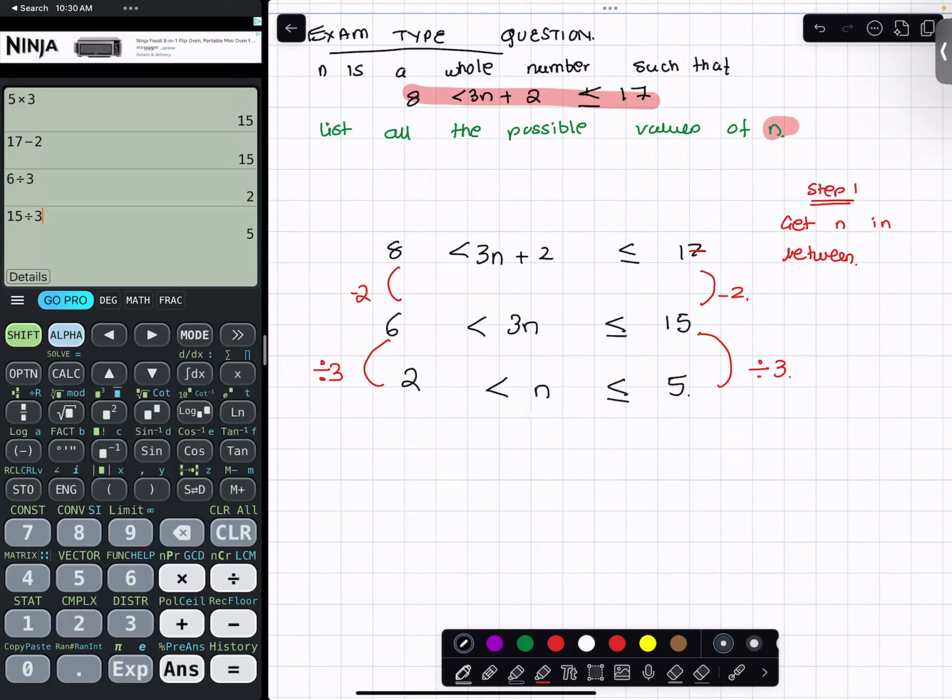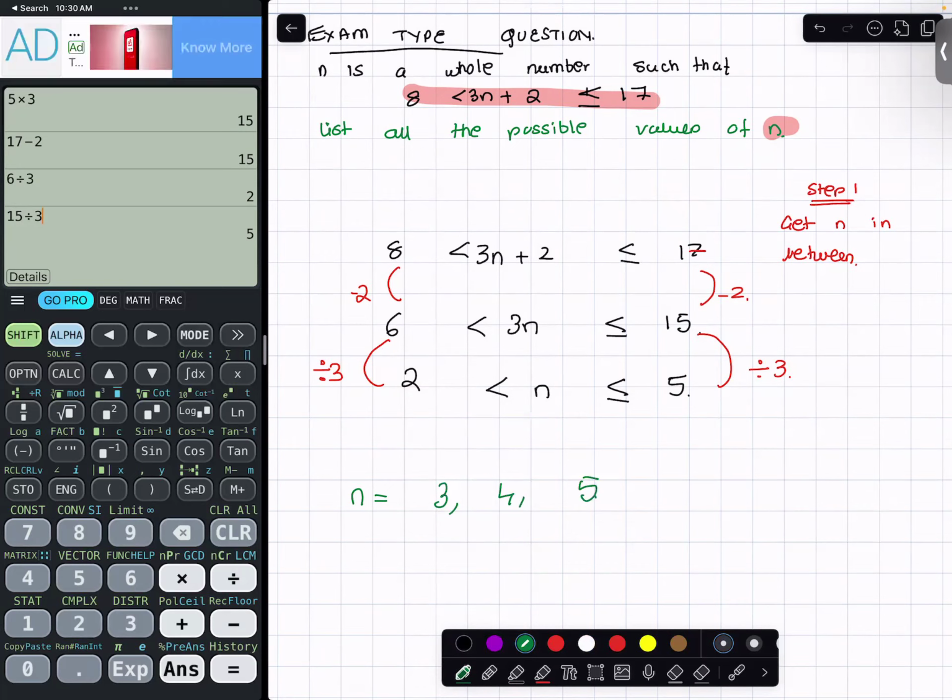That means n is between 2 and 5. N will never be equal to 2, and it can be equal to 5. So I want to write all the possible values of n. It can never be 2 and it is greater than 2, so n will be 3, it can be 4, and it can be 5 as well.